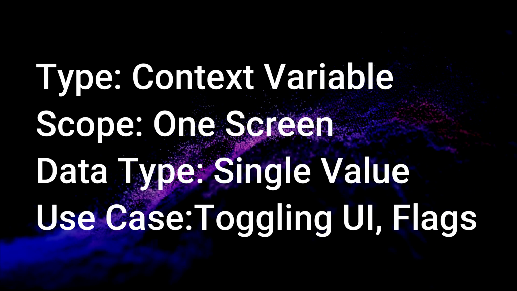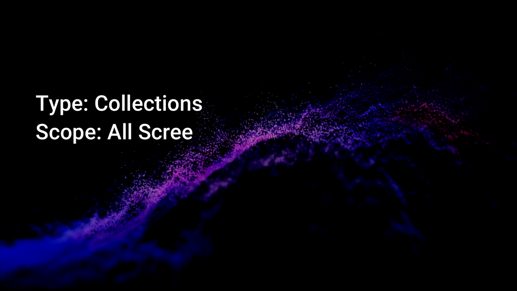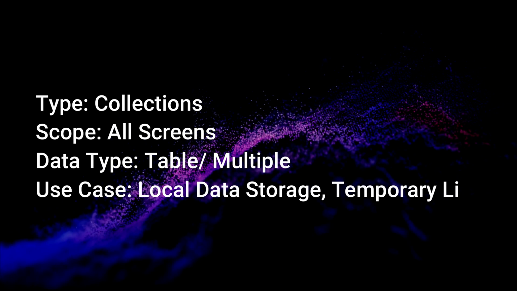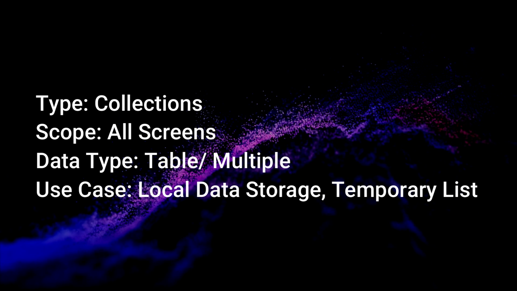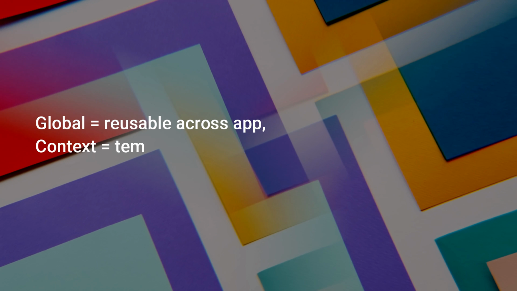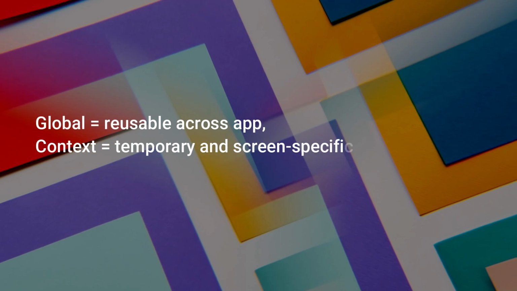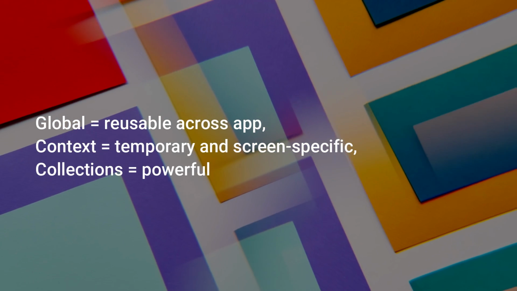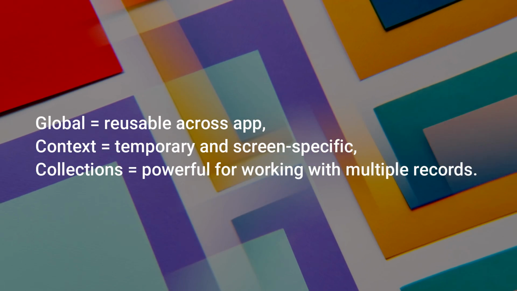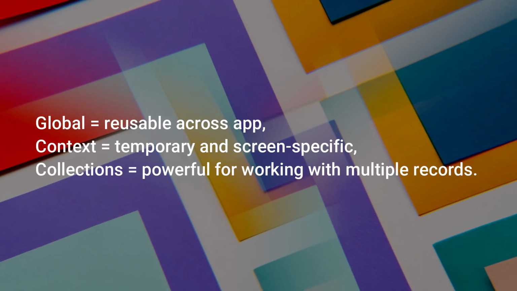The third one is the collection: the scope is all screens, the data type is a table or multiple values, and the use case is local data storage or temporary lists. So global equals reusable across the application, context equals temporary and screen-specific, and collection equals powerful for working with multiple records.